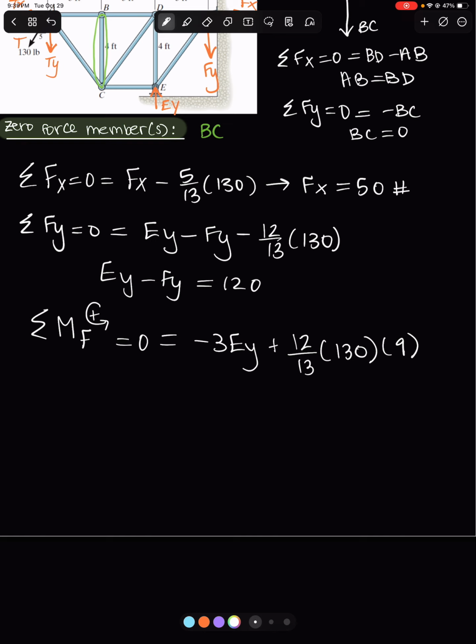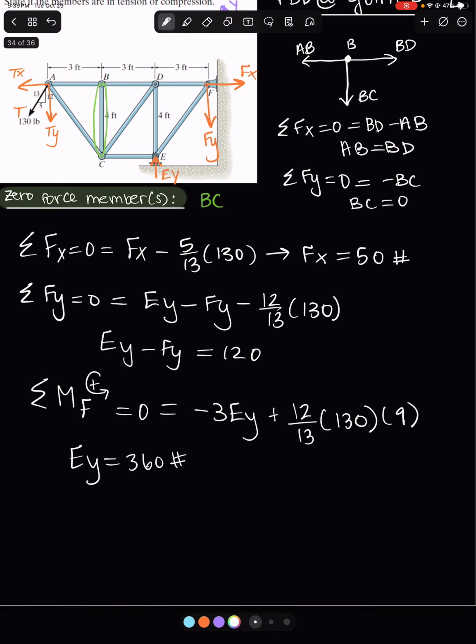If anyone would like a more in-depth video on them, then just comment it below. And I'm sorry if it inconvenienced you that I skipped over it. But solving this moment equation, you get Ey equals 360 pounds, and plugging this into here, that would give us Fy equals 240 pounds.